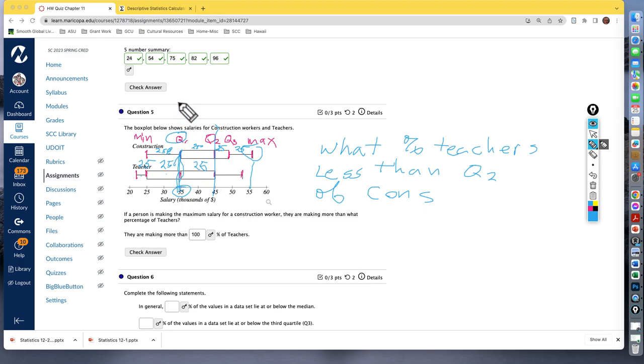Yeah, so they're using one to compare to the other. Okay, here's where the first quartile is for construction workers. That includes basically the first and second quartile for teachers. But go ahead. The confusing part is just because each quartile is not the same. It contains the same amount of people, but it might not be spread the same.